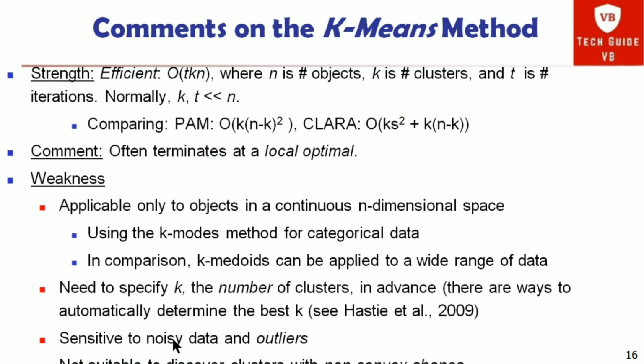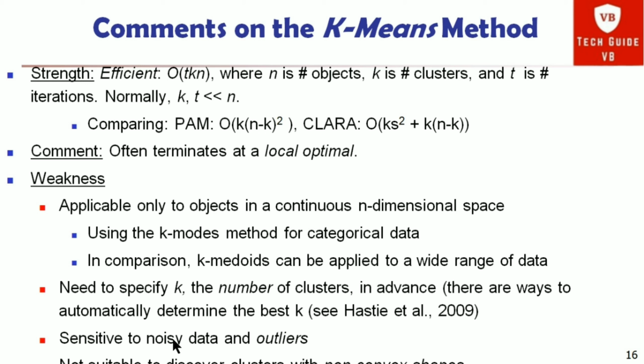So what are the comments on the k-means method? What are the takeaways for the k-means method? If we consider the strength, it is efficient, with complexity O(tkn), where n is the number of objects, k is the number of clusters, and t is the number of iterations. The comment is that it often terminates at a local optimum. The weakness of this k-means method is that it is applicable only to objects in continuous n-dimensional space.